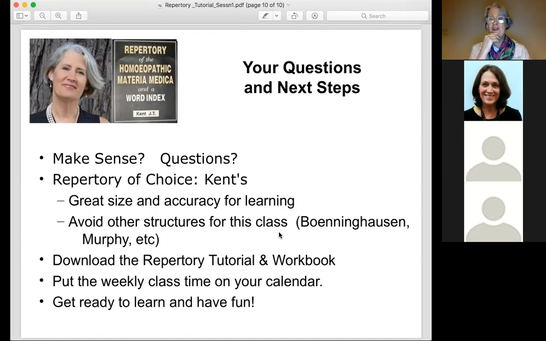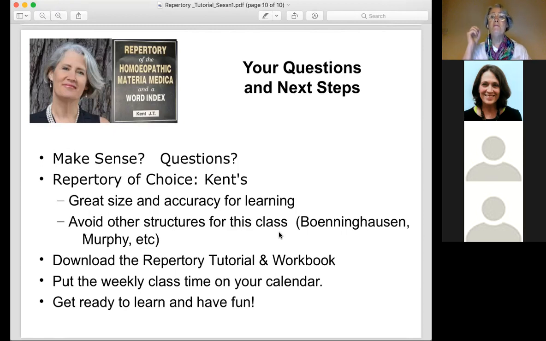All right, so get ready to learn and to have fun. The repertory is one of my favorite parts of Materia Medica, or of homeopathy, and it's truly unique. Guys, this is something that we learn in a way that isn't really available in other therapeutic models.